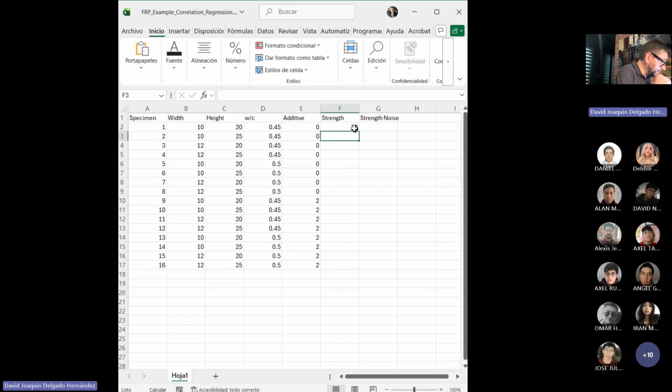The second specimen is 38, then 35, 41, 28, then 34, 30, 36 twice, 36, 36.